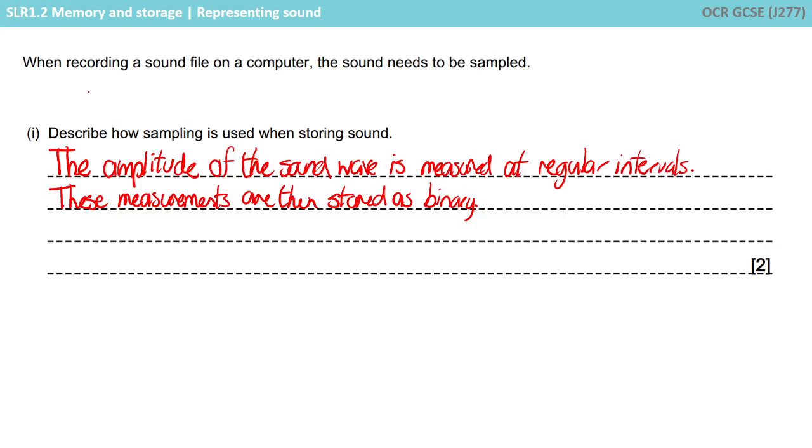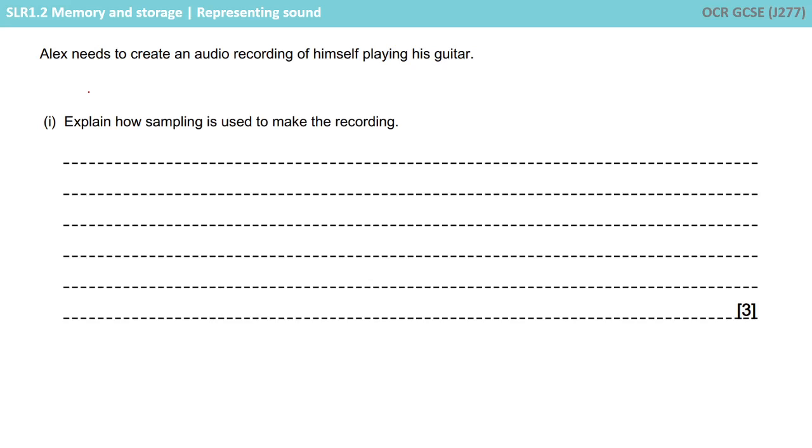So, describe how sampling is used when storing sound. 2 marks. Explain how sampling is used to make the recording. So this is worth 3 marks. So it's exactly the same.